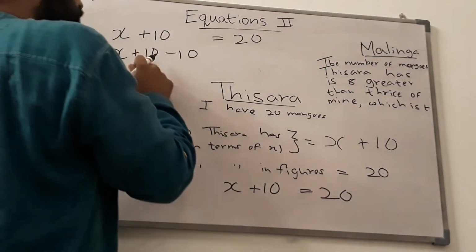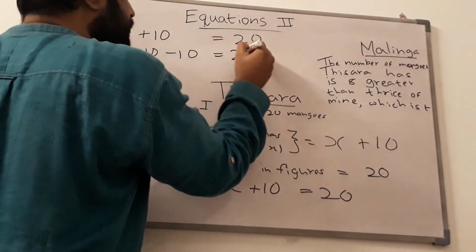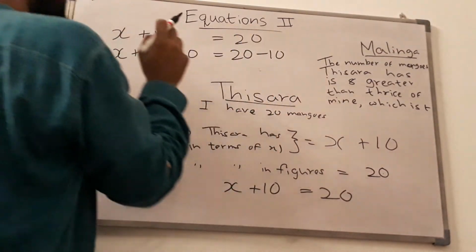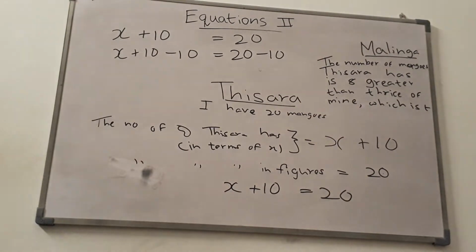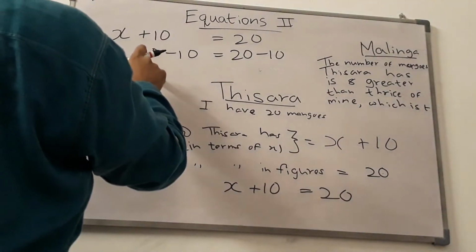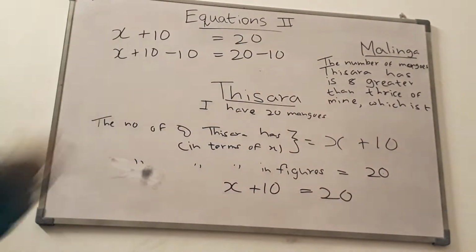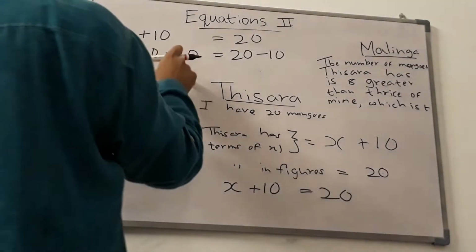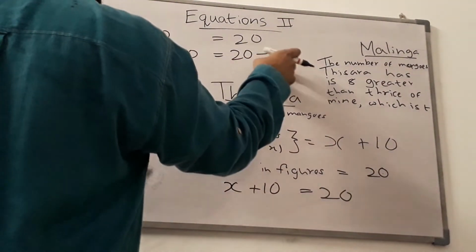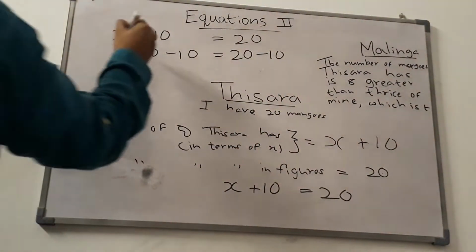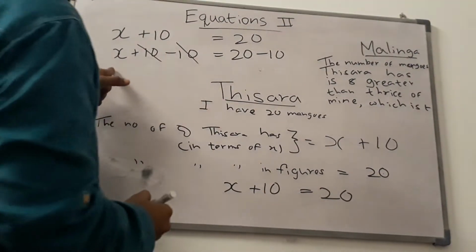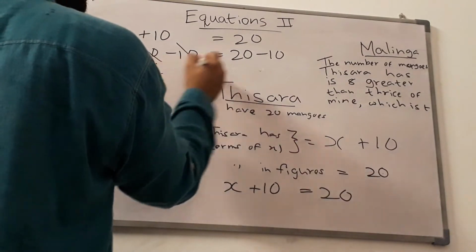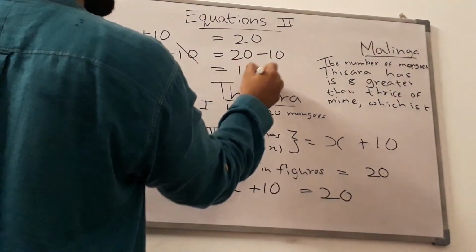Whatever we do to the left hand side, we have to do the same thing to the right hand side. If we subtract or add a number on the left, we have to do the same thing on the right as well. Likewise, if we subtract 10 from the left hand side, we have to do the same to the right hand side. Now we can remove 10. 10 minus 10 means 0. So X is remaining. X equals 20 minus 10, which is 10.